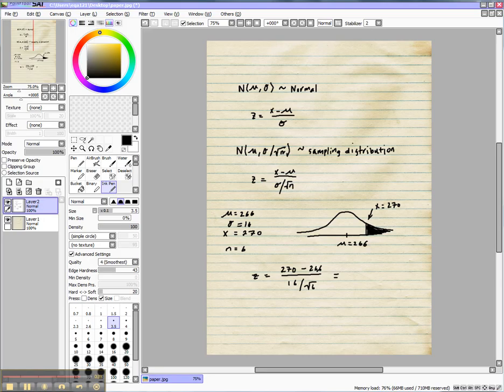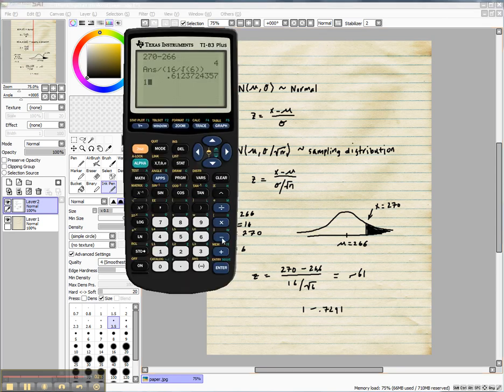Again, we're looking for the right side, so we go 1 minus 0.7291, which is equal to 27%.